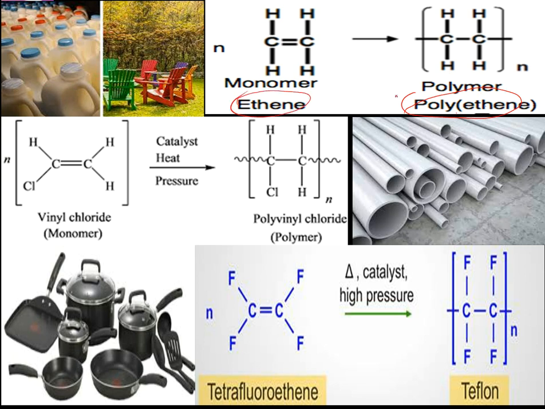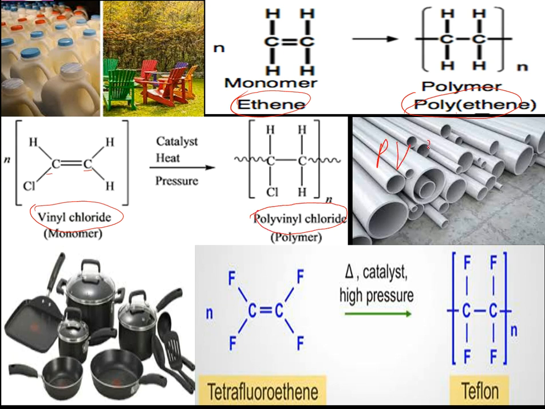The next example, where the monomer is vinyl chloride. Again, you see the condition, 2 carbons with an unsaturated center, meaning a double bond in between, and when they link together they form a polymer which is called polyvinyl chloride. Have you heard of this PVC?